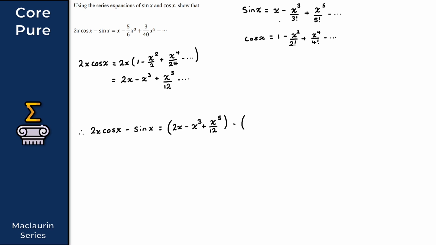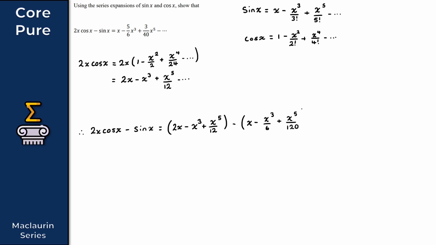So sin x then is given as x minus x cubed over 3 factorial, so on and so on. So minus x here. So 3 factorial is 6 there. I get minus x cubed over 6. And then 5 factorial here is 120. So we get x to the 5 over 120.